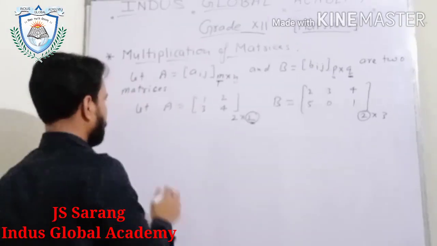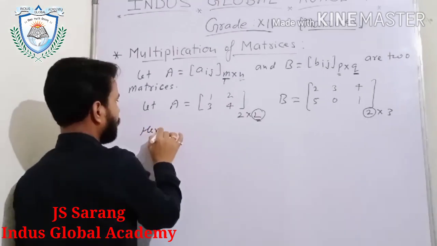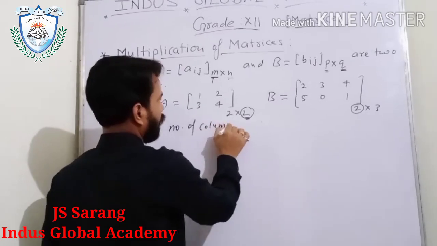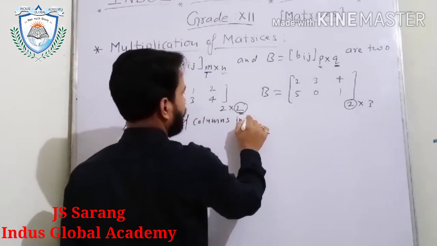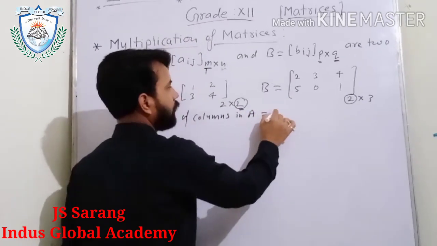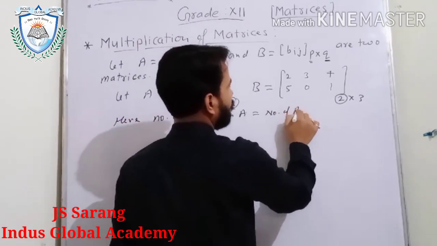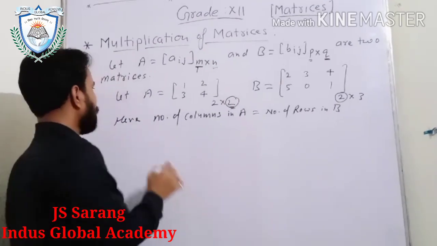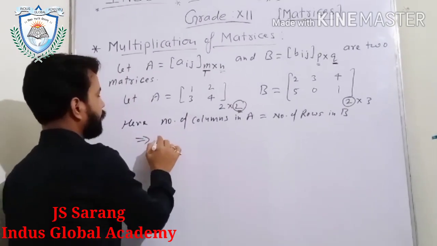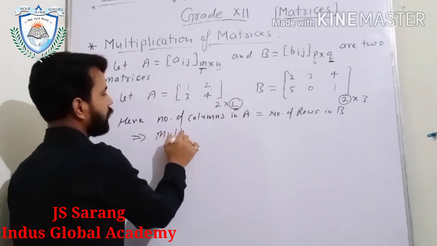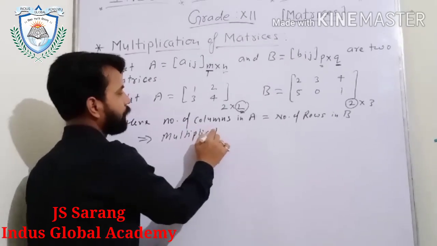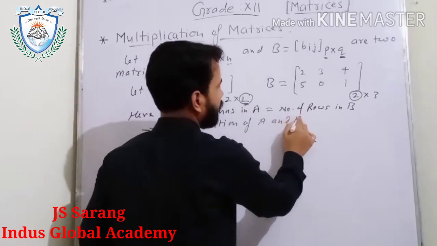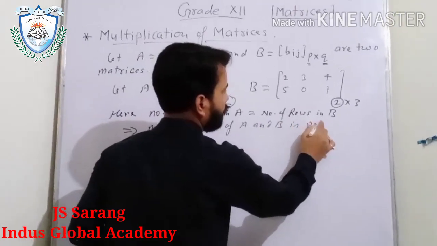So you have to write here: number of columns in A is equal to number of rows in matrix B. Hence multiplication of A and B is possible.